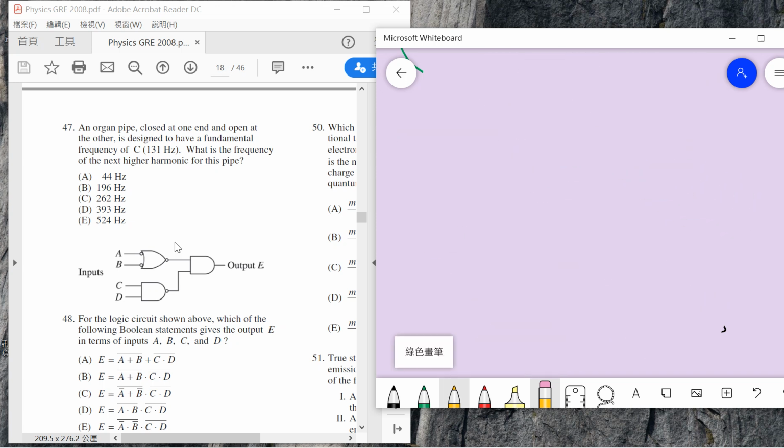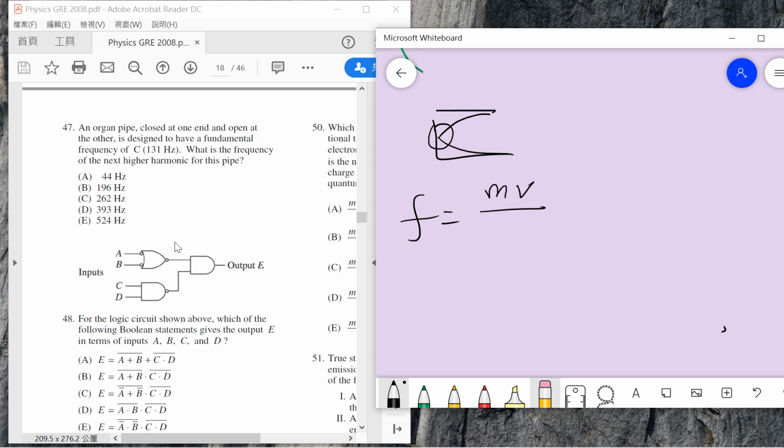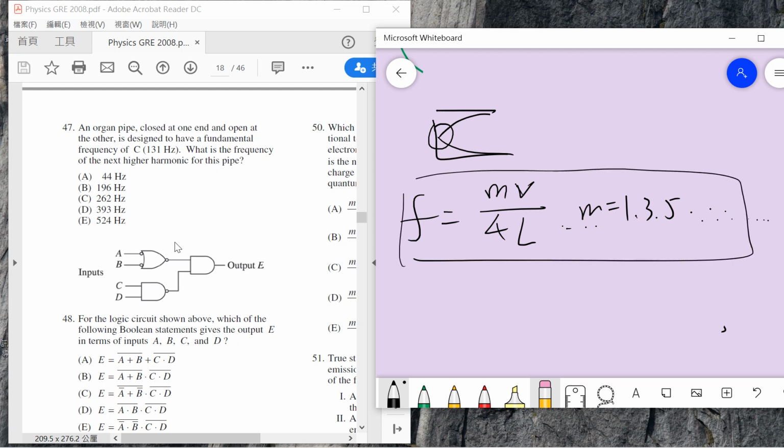One important property is that if there's a closed end, then the frequency is mv over 4L, where m is 1, 3, 5. So this is the common formula.